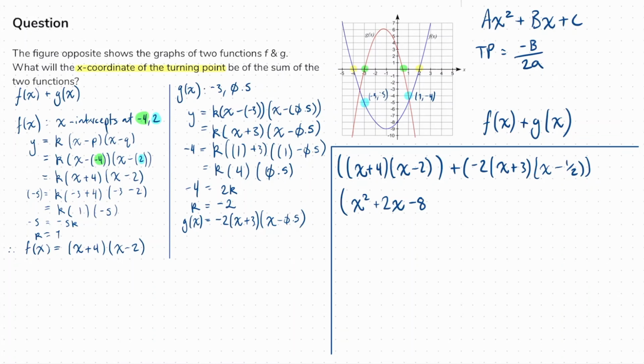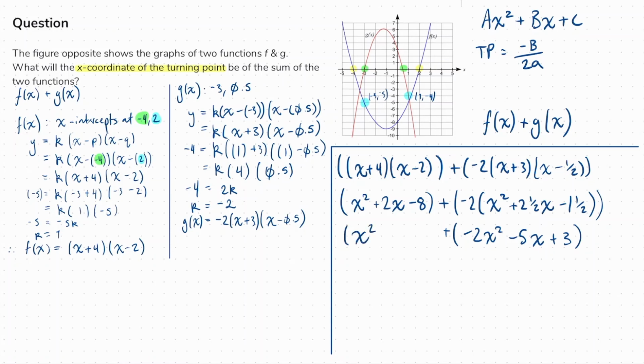And I'm doing this sort of in my head, but if you want a little bit more guidance, have a look at the video on that. Okay, so I'm going to have to expand this one out again to get negative 2x squared, take away 5x plus 3.